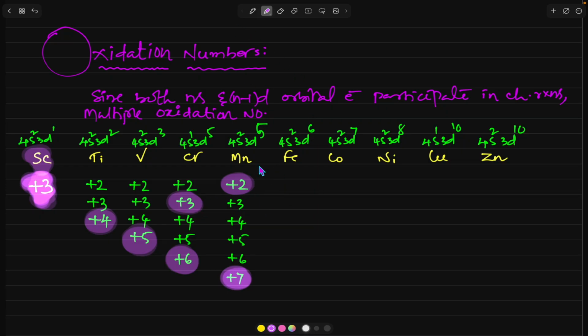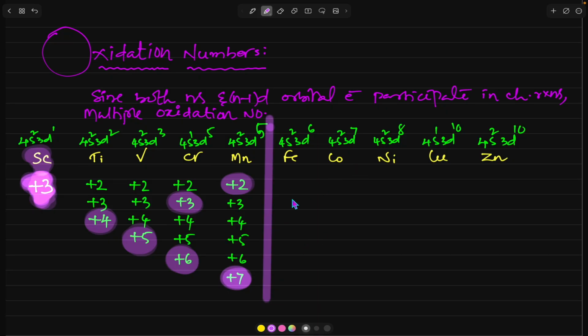After the 5th element, the scenario completely changes. I will put a border here. This is up to the 5th element.